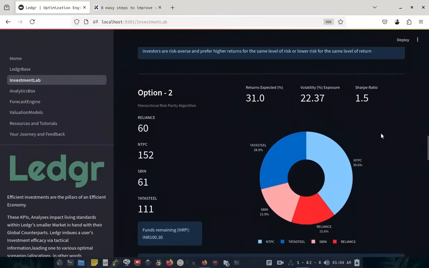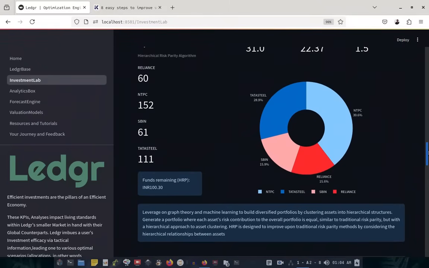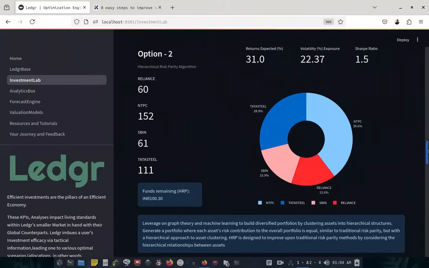From reading the bubble, I get to know that this leverages graph theory, and it wants to build a diversified portfolio, which means that this is marginally risk averse, but at the same time it also depends on clustering hierarchical structures, as in it wants to find out the hierarchical relationships between different securities and how they behave, as in how one would be affected if the other's price had changed by a certain percentage.